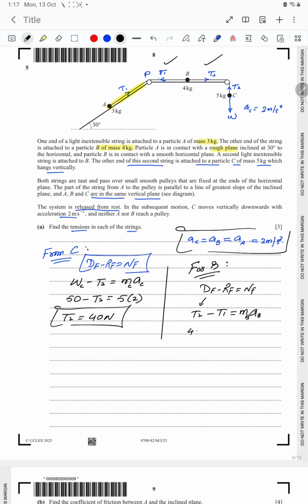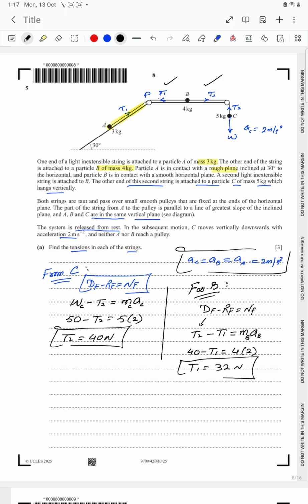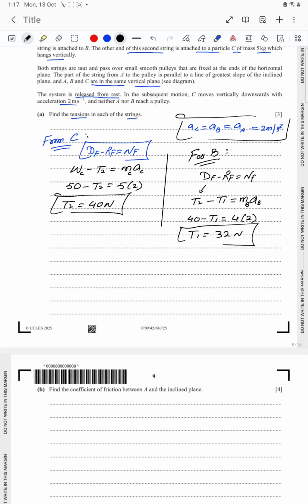So T2 is 40 minus T1 is equal to, what is the mass of B? That is given 4 kg, and this is 2 of acceleration. T1 will be 40 minus 8, which is 32 Newton. This is an easy question, but the statement is big, while the working and the solution are very little. Okay, this part A we have done.